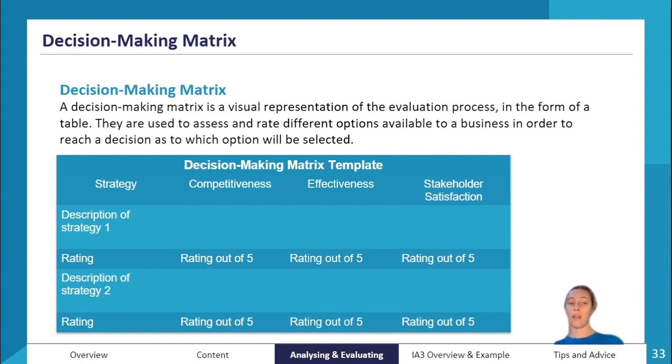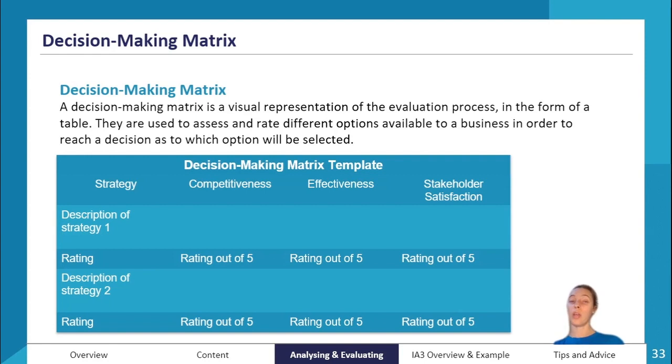So it's in the form of a table like the one we've got here, and it's used to assess and rate the different options available to a business in order to reach a decision as to which option should be selected.